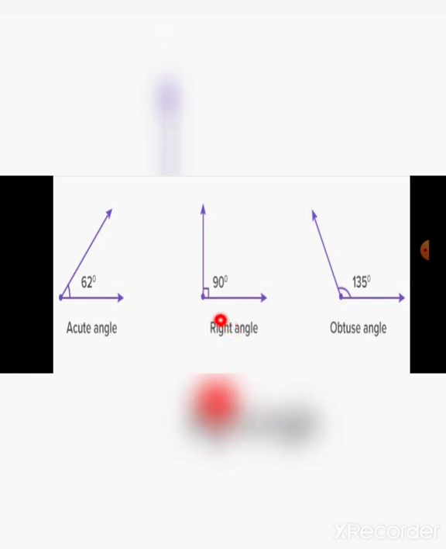A right angle is always of 90 degree, and an obtuse angle of 135 degree looks like this. So this is the way we have learned the types of angle, which are acute angle, right angle and obtuse angle.